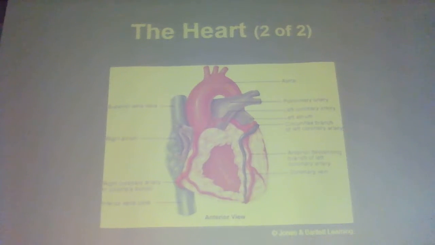Right below that, you have two other vessels that have red arrows. What are those? Pulmonary veins.